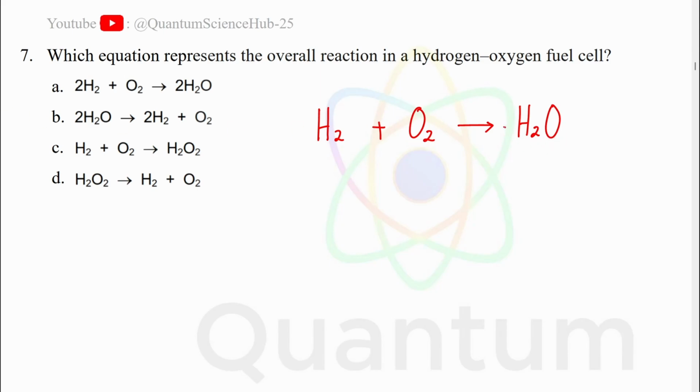And that's why I will put 2 in front. Now the hydrogen is affected. So the hydrogen here is 4, and that's why I will put 2 in front of H2. Okay, now let's check it one more time. 2 times 2, 4. So hydrogen here is 4, oxygen here is 2, hydrogen here is 4, and oxygen here is 2 times 1 equals 2. So the correct answer is A.